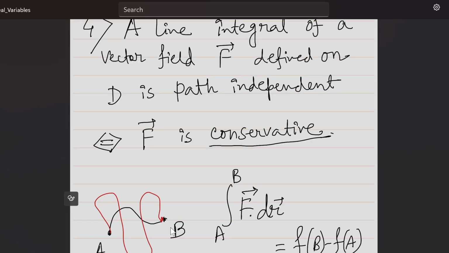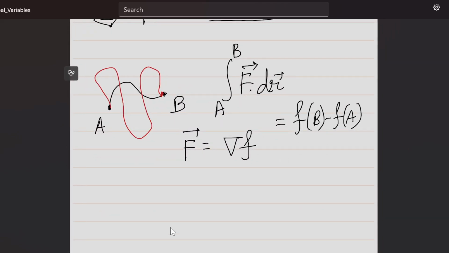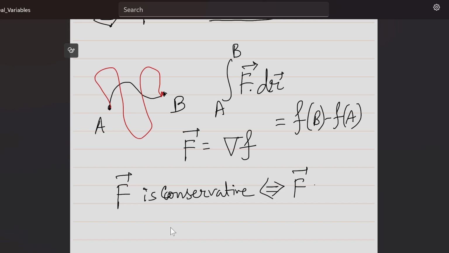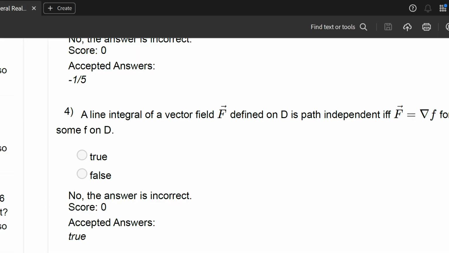Fine. Conservative when? I know that F is conservative if and only if F can be written as the gradient of some scalar function small f on D. D means that path. So by the property of conservative field the answer is true. What is the question?